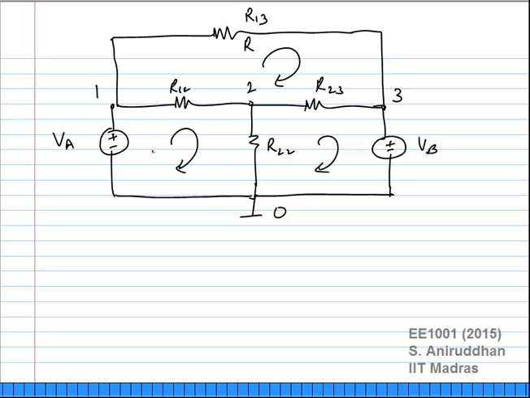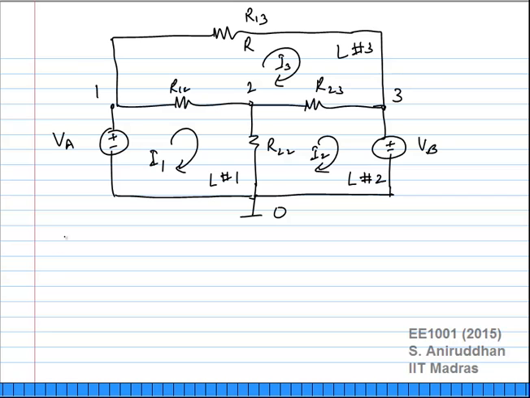These are the three loops I'm going to take: I1, I2 and I3. So this is loop number 1. These are the three loops. So now I'm going to go around each of these loops writing KVL.